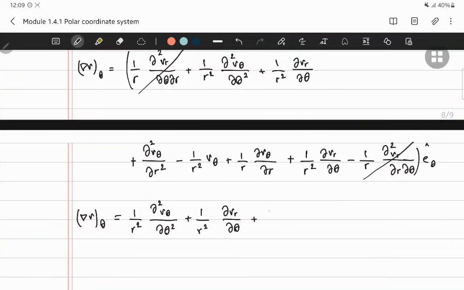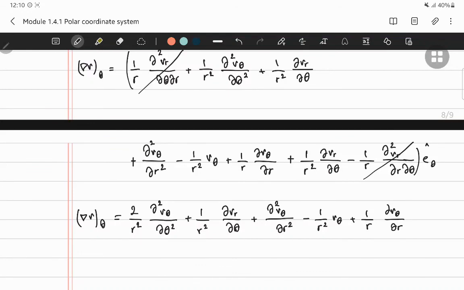I have plus second partial derivative of v theta with respect to r. So I have minus 1 divided by r squared v theta. Then I have 1 divided by r, partial derivative of v theta with respect to r. And then I have this, which is same as this.